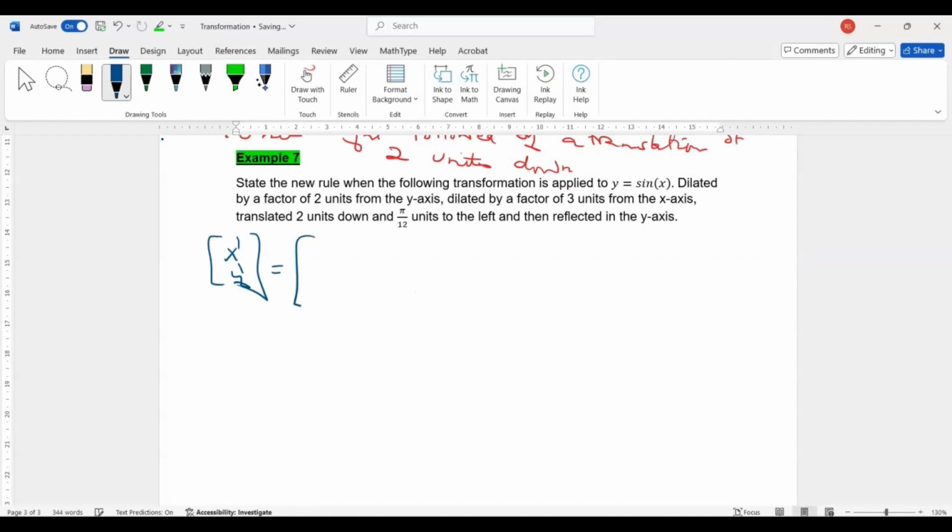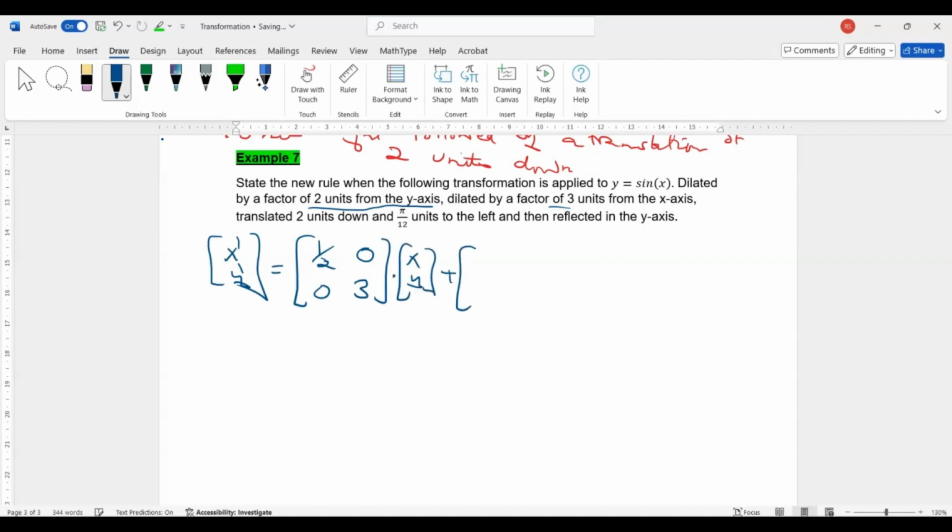So that's the image. So the matrix is, the diagonal will be my dilation factor. A dilation factor from the y-axis, we put it as a fraction. So this diagonal will be 0. The dilation factor from the x-axis changes the y. So that's x, that's y.